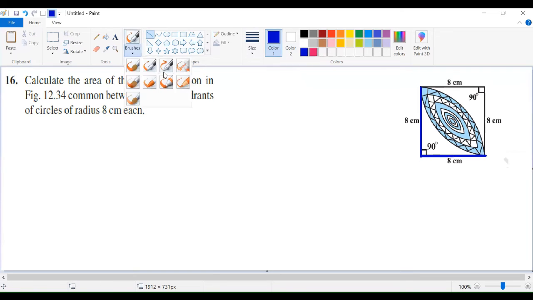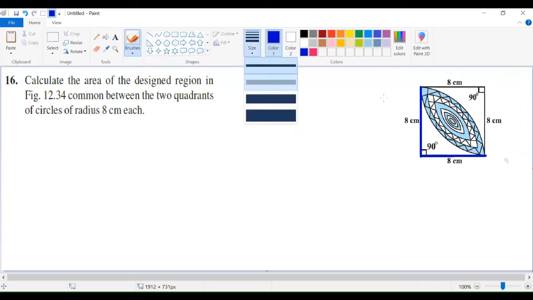And the area between. Here, this is one quadrant.